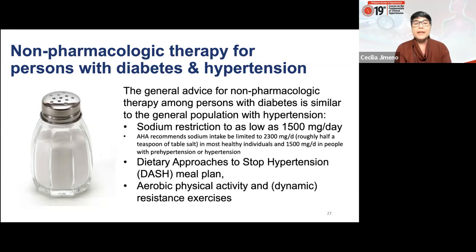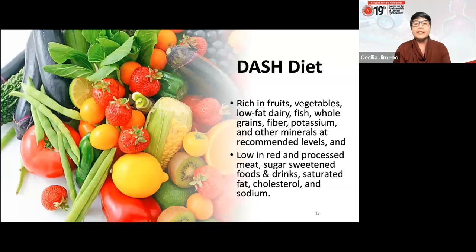We also recommend the DASH diet and aerobic physical activity. And the DASH diet is a diet that's rich in potassium, in fruits, vegetables, low-fat dairy, fish, whole grains, fiber, potassium, and other minerals at the recommended levels, and low in red and processed meat, sugar-sweetened foods and beverages, low in saturated fat, cholesterol, and sodium.